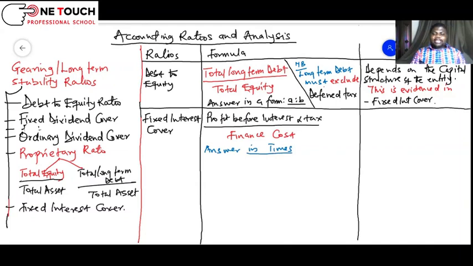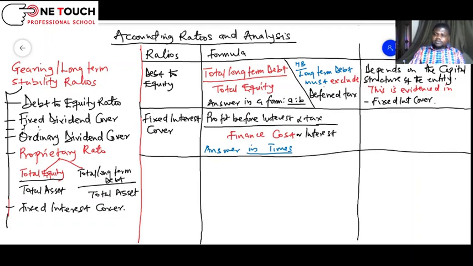We want to know the number of times the profit before interest and tax will cover the finance cost. This one has a direct link with debt to equity. So you take note of that. You are looking at finance cost, or what you know to be interest expense.